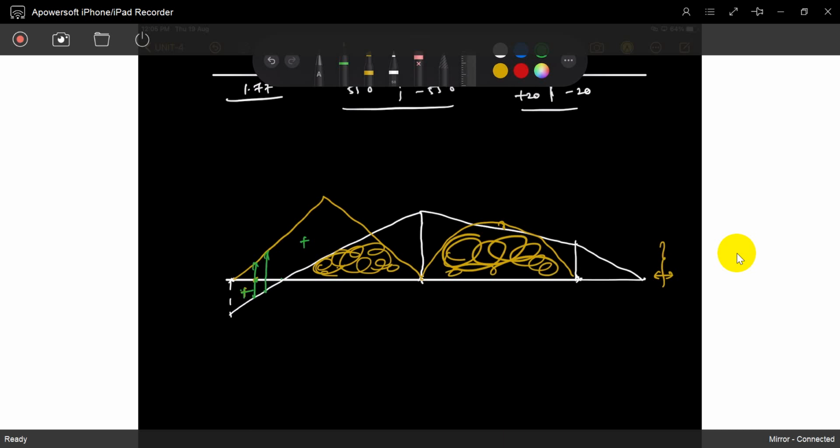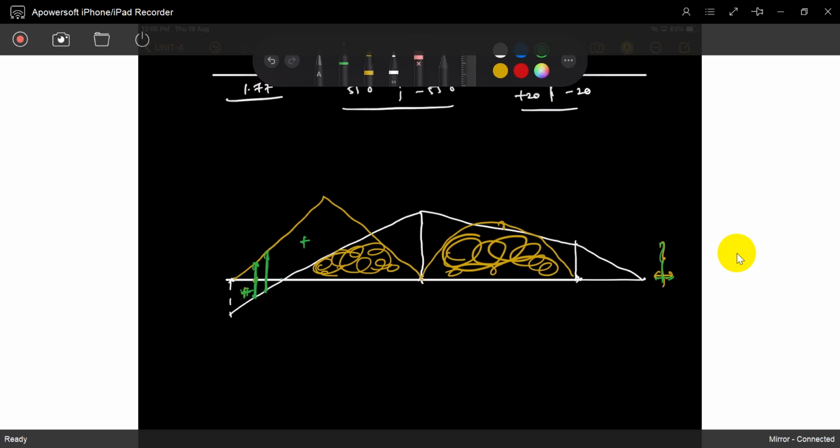This is also positive. We will write positive and negative on only one side. One is blue color, one is yellow color, one is white color. So we will delete the intersection portion. That's the use for this purpose. But it is also positive. So what is the bending moment here? This is the total bending moment.